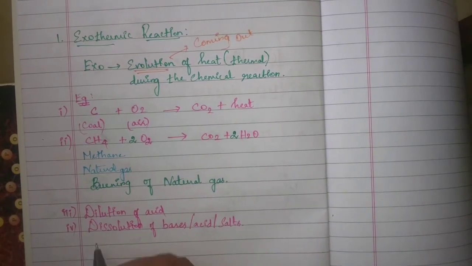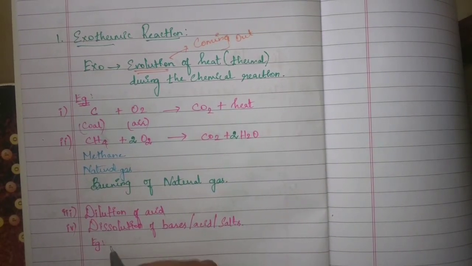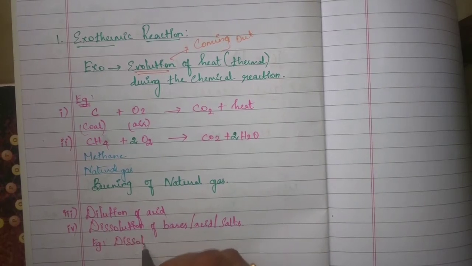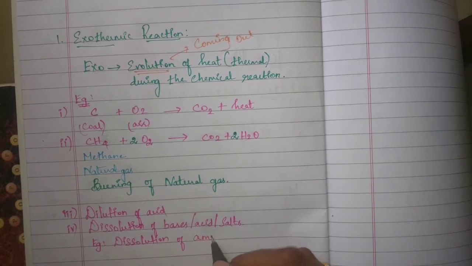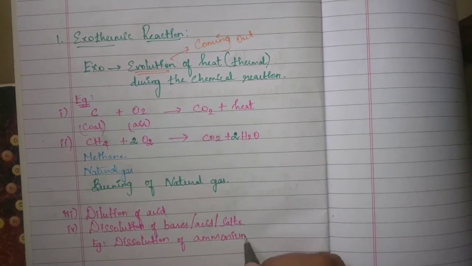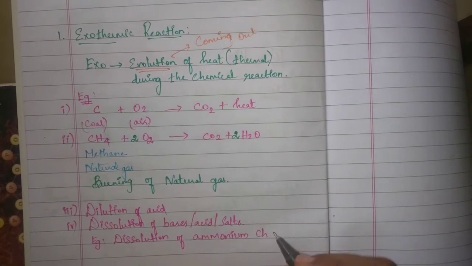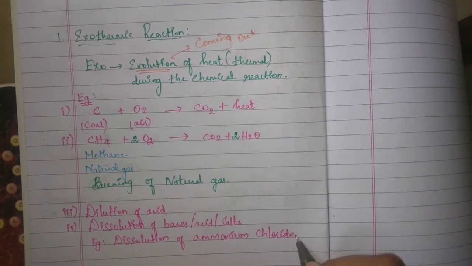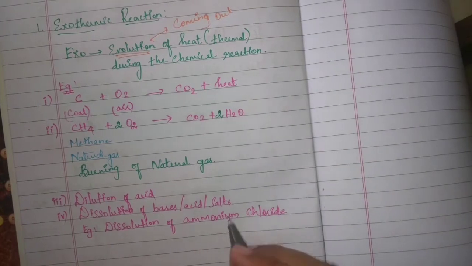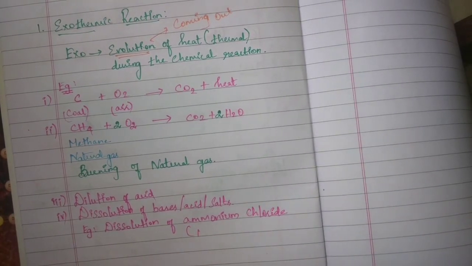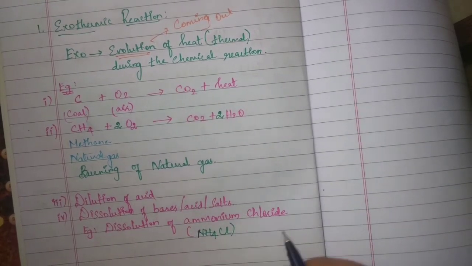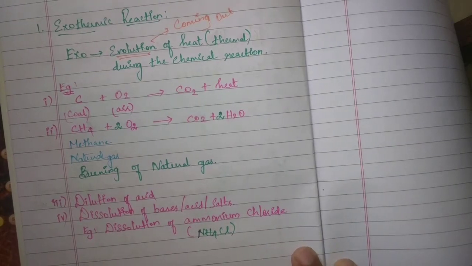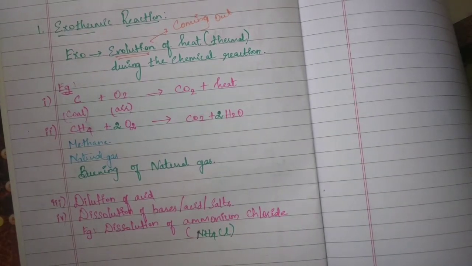Example, dissolution of ammonium chloride is an example of exothermic reaction. The formula of ammonium chloride is NH4Cl. For everything you should know the formula, students.